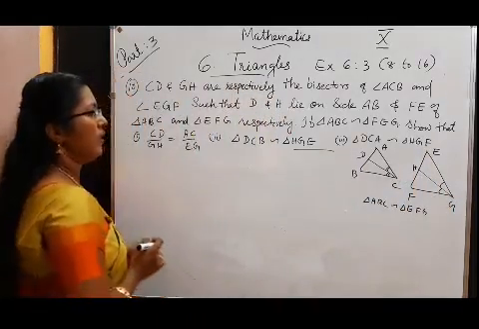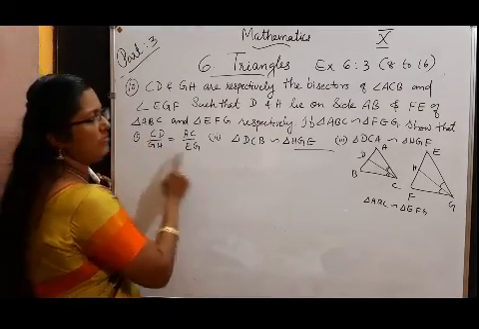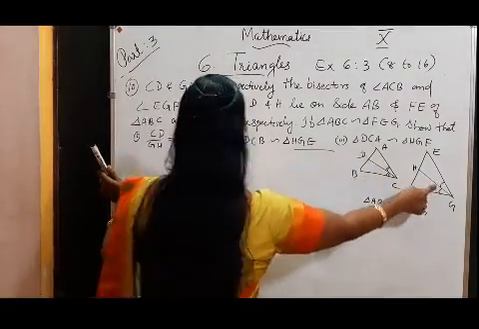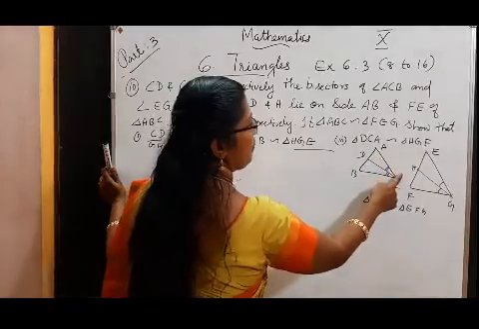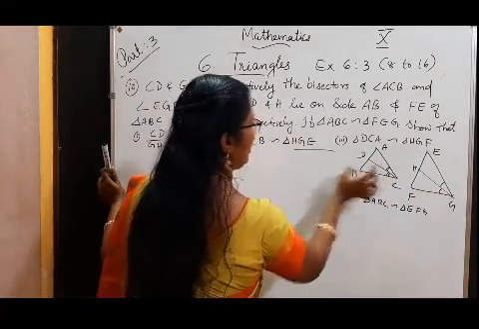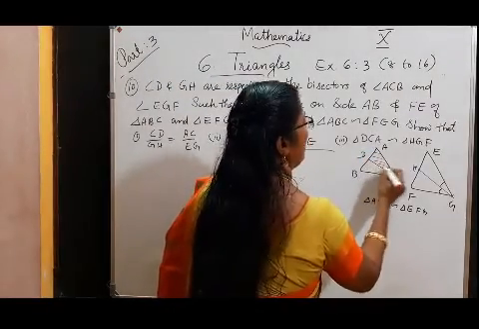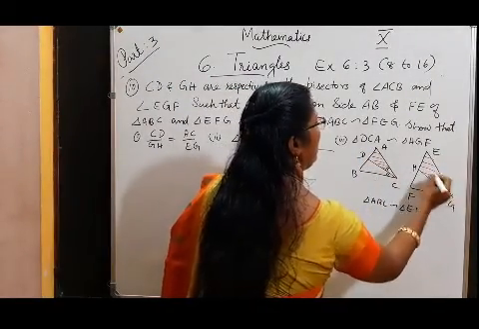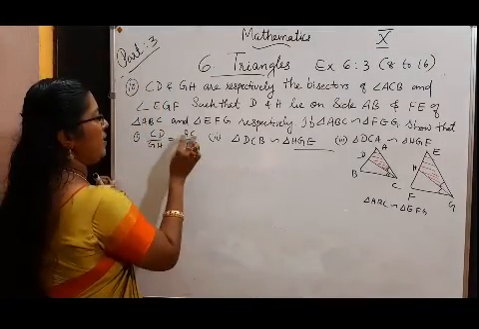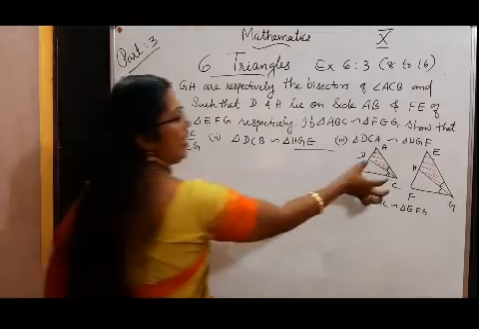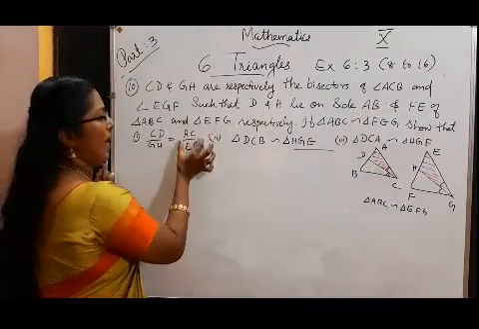Okay. Then the first one, we want to prove CD by GH equal AC by EG. When we take CD and GH, then we need the sides CD and GH and AC and EG.